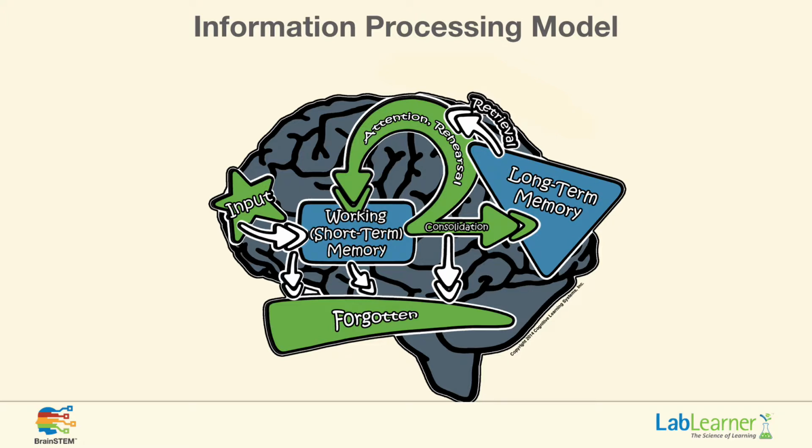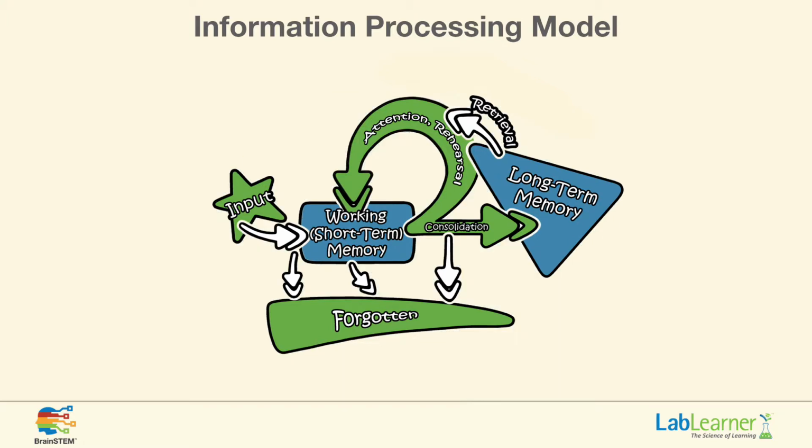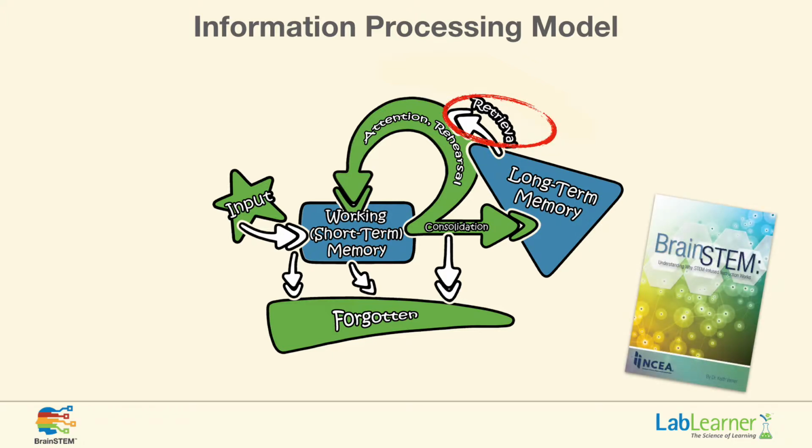And what we want to talk about now is something that is called the information processing model. This isn't something that I can really spend a great deal of time talking about today. In a recent book, we talked about the information processing model in some great detail.